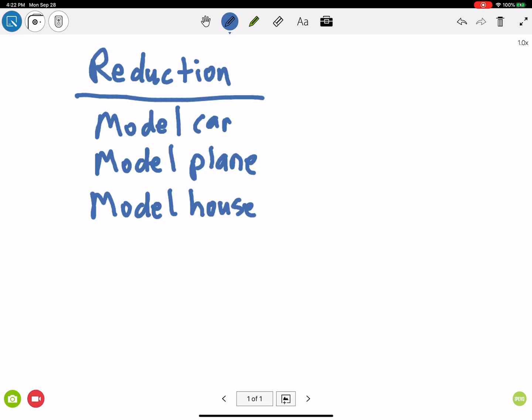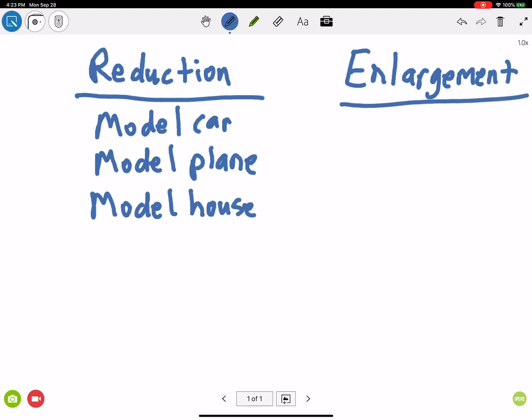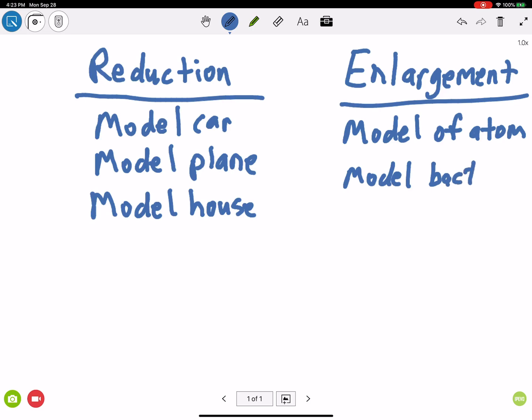What about an enlargement? How about a model of an atom? Or a model of bacteria? Okay, something that's microscopic, that's being enlarged so that you can see it.